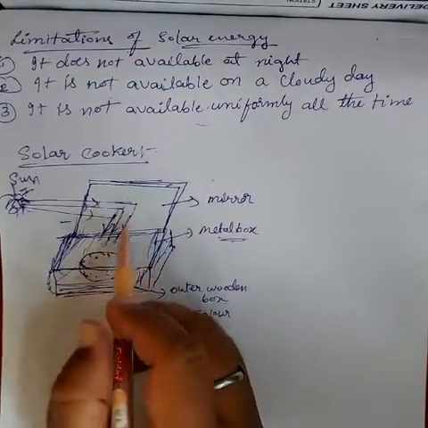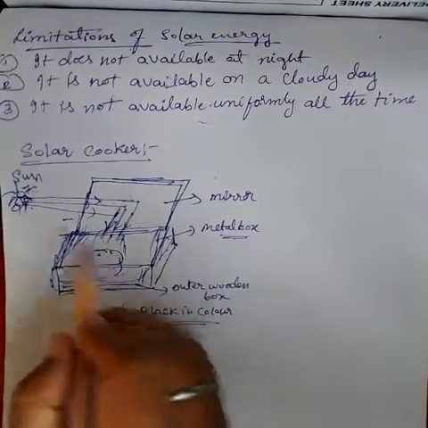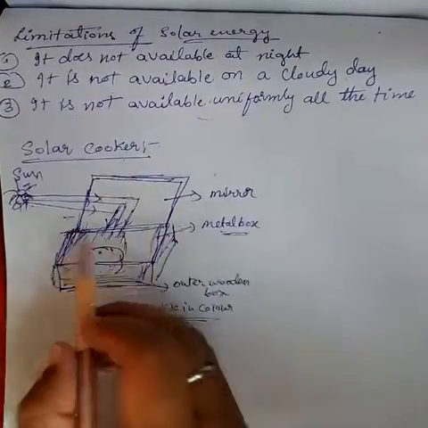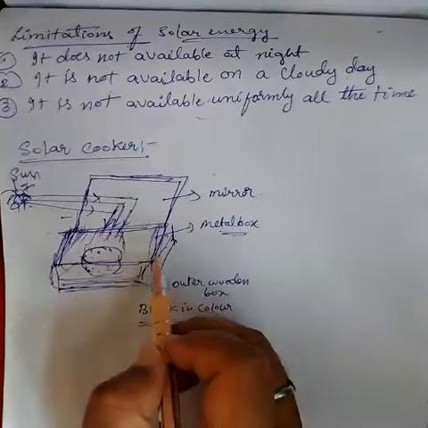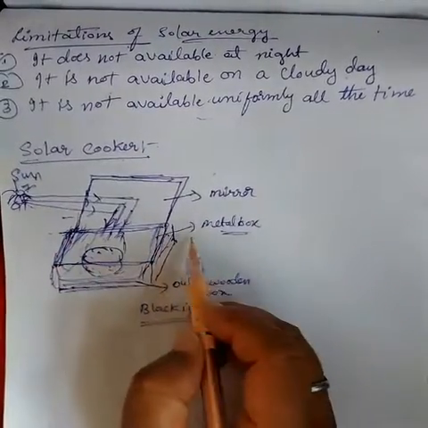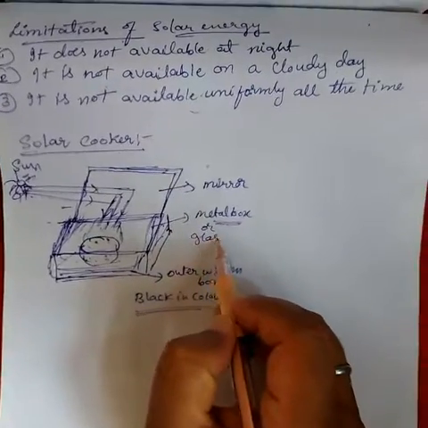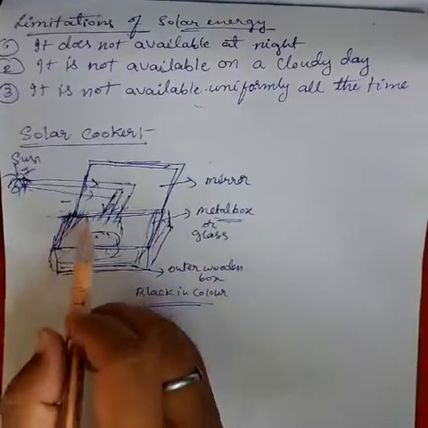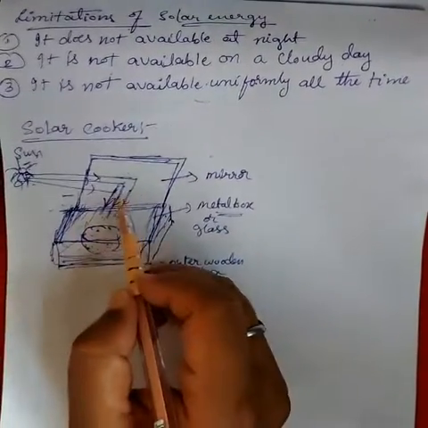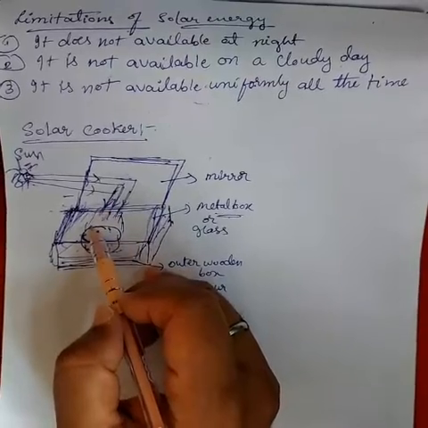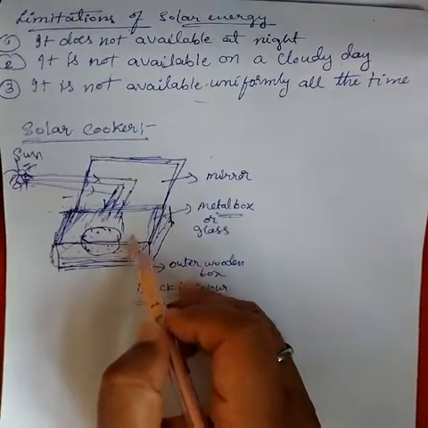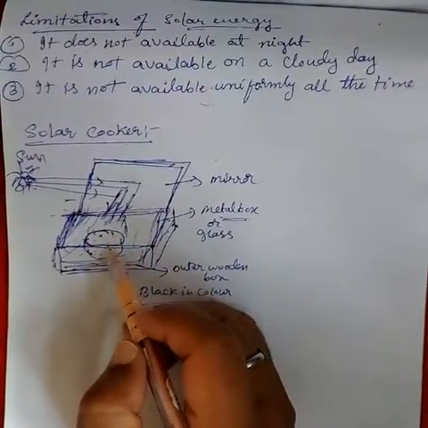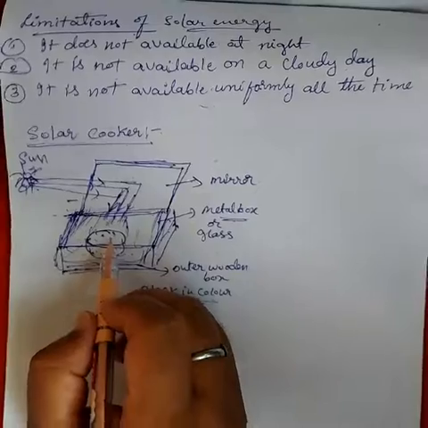As the sun rays fall inside, the metal or transparent glass sheet prevents the heat from coming outside. Once the sunlight enters, it does not come out again, which heats the bowl and makes it easy to cook the food.